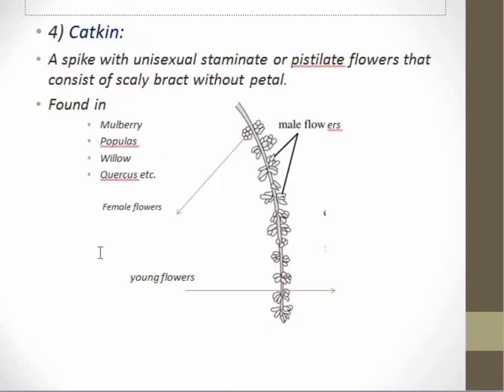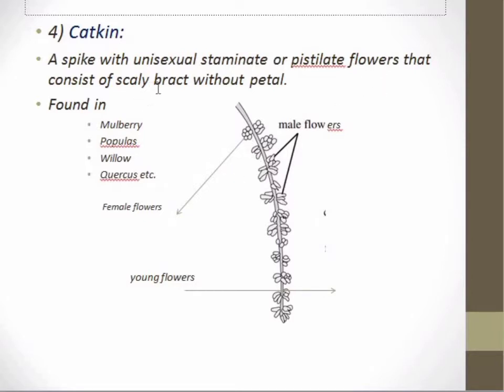The other one is the catkin, a spike with unisexual staminate or pistillate flowers that consist of scaly bracts without petals. Spike is also a raceme having old flowers at the base and young at the top, but that bears unisexual flowers, either staminate or pistillate. Look at, these are the male flowers and these are the female flowers.